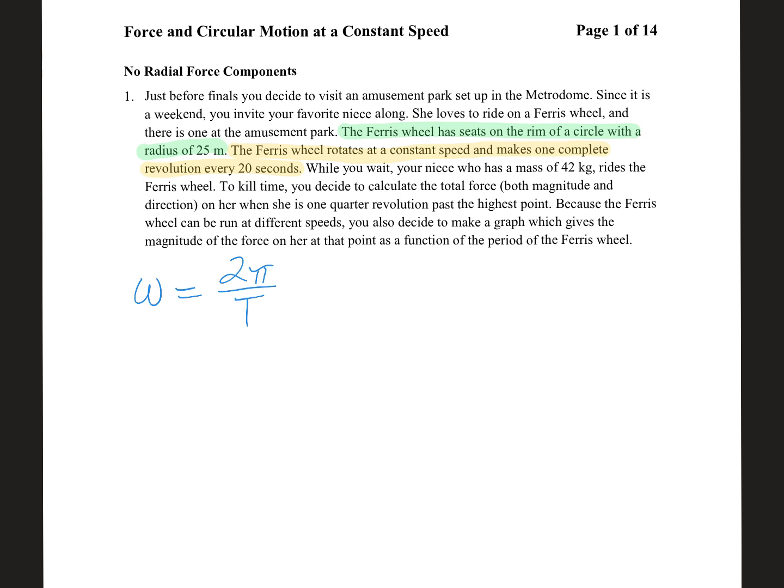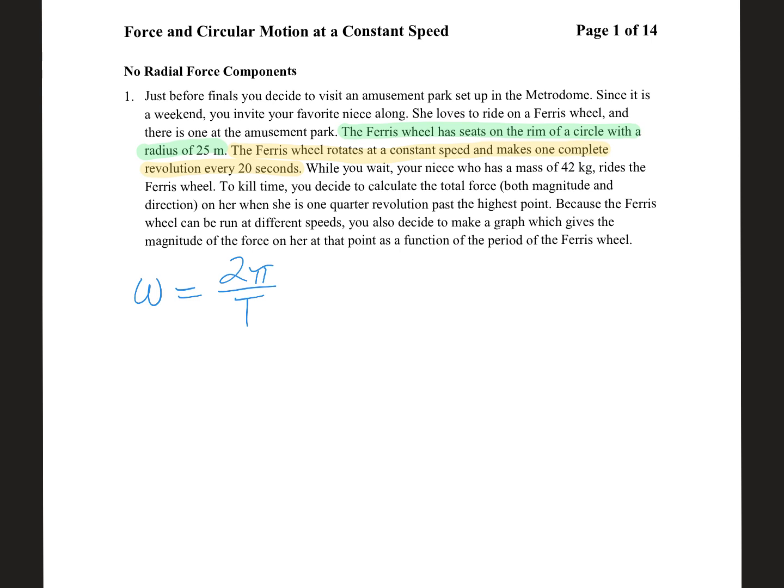It's 2 pi, which is one complete revolution, over capital T, which we like to use for period, or the time that it takes to do one complete revolution. So this is a standard issue in not only the math textbooks you've endured in the past, but in my textbook and every physics textbook. We bank on people knowing that.